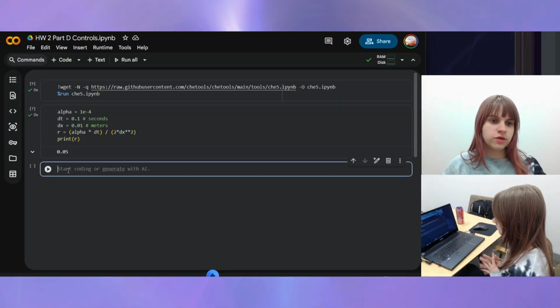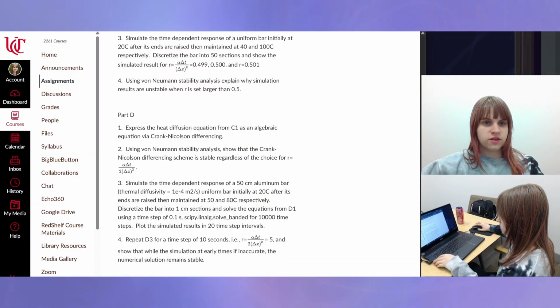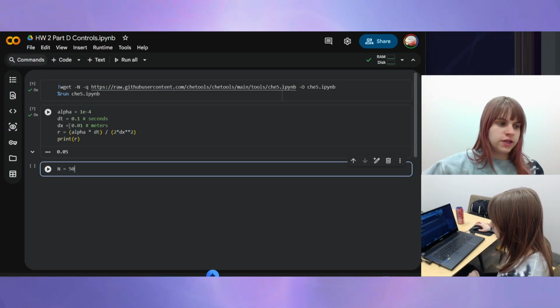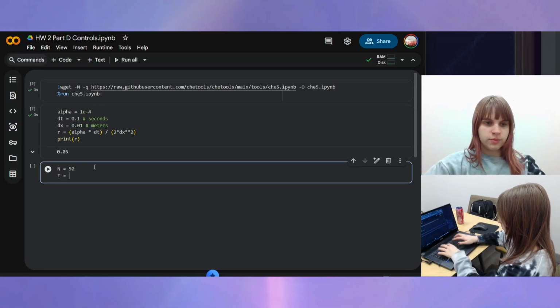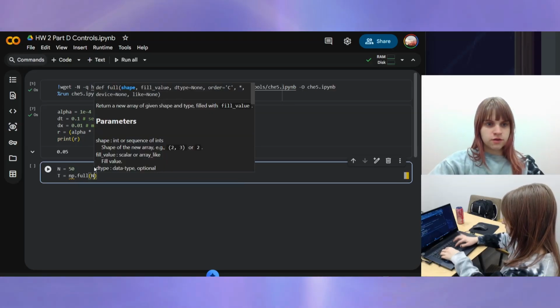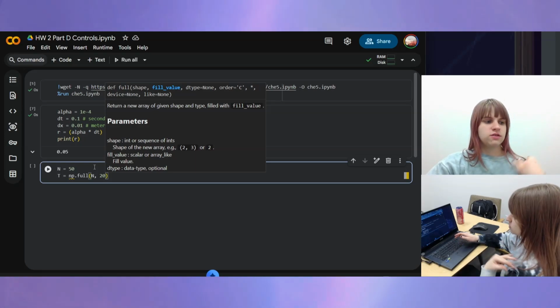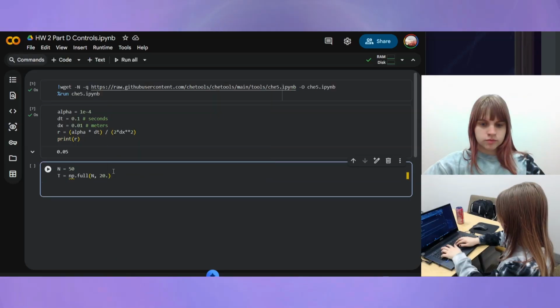So since that's going to be in 1 centimeter sections, we have 50 different sections. The temperature at the start, similar to part C, starts at 20 degrees Celsius across the entire bar.